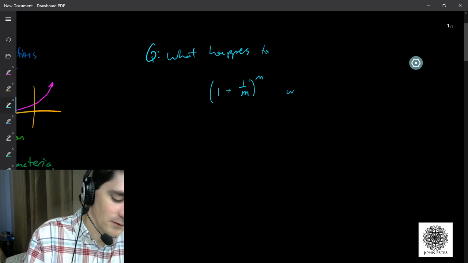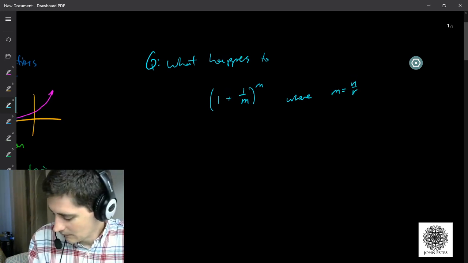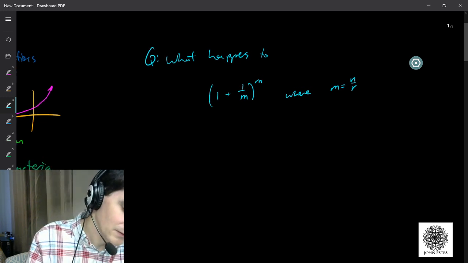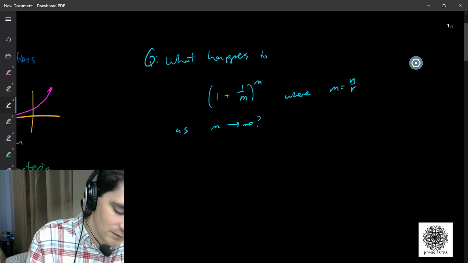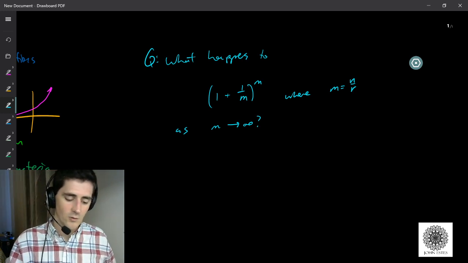Where here what I'm doing is I'm letting m equal n over r. And so here we end up with this expression after 1 year. What happens to this as m goes to infinity? So as the number of compounds goes to infinity, what happens?